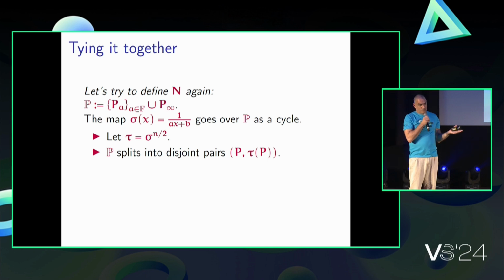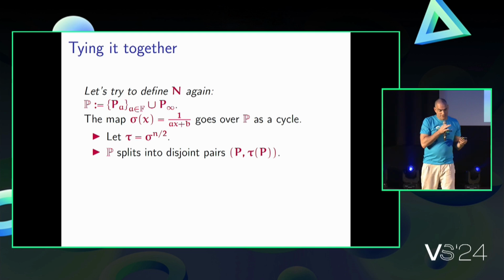And as before, we know that sigma goes over P as a cycle. We can define tau to be sigma to the n over 2. And we know that P will split into disjoint pairs, P and tau of P.